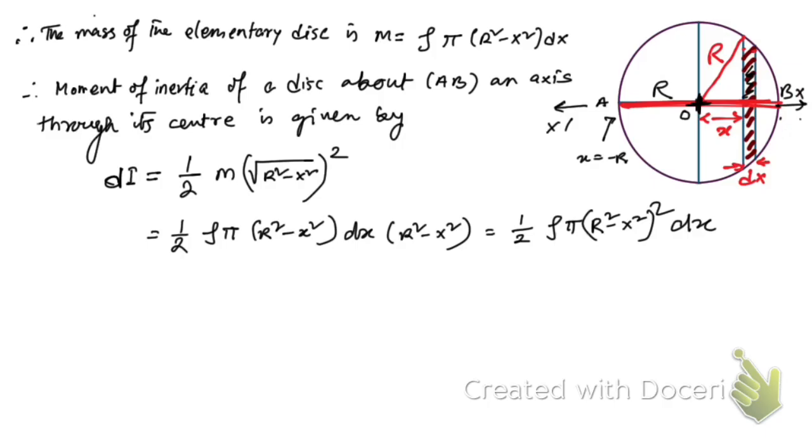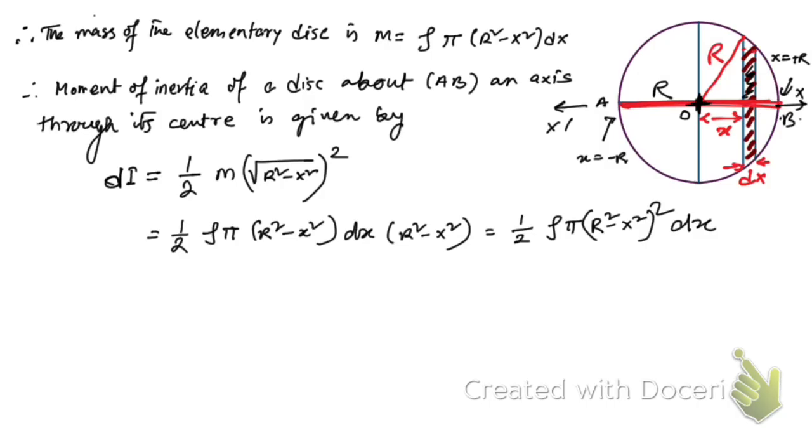Let me write B here. This point is x equals plus r. To this side it is plus r, and to this side it is minus r.